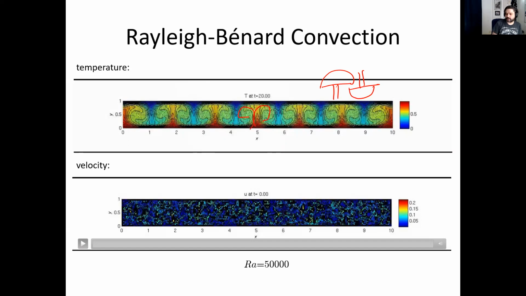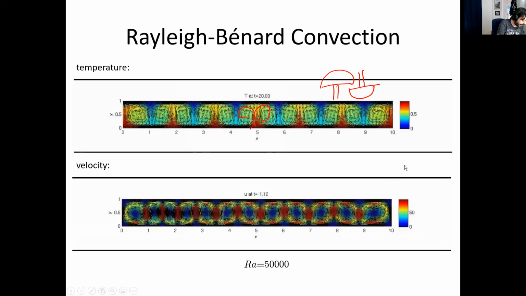That you get these mushroom-shaped structures. Just think of, you know, atomic bombs, although it's not exactly the same effect there. So this was for the temperature, and of course for the velocity you see the same behavior.